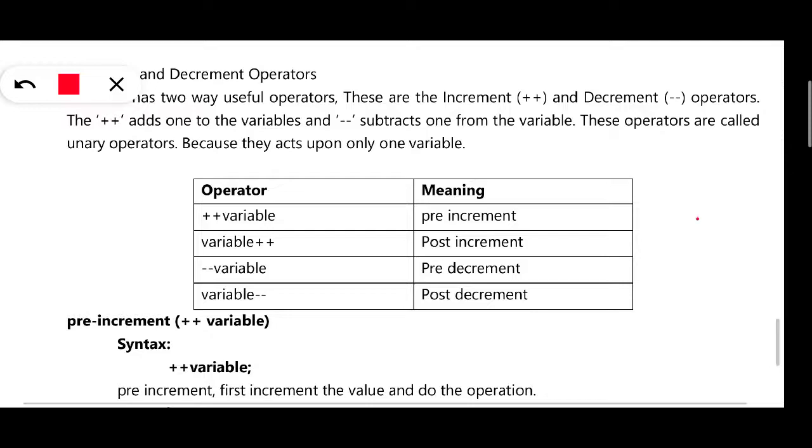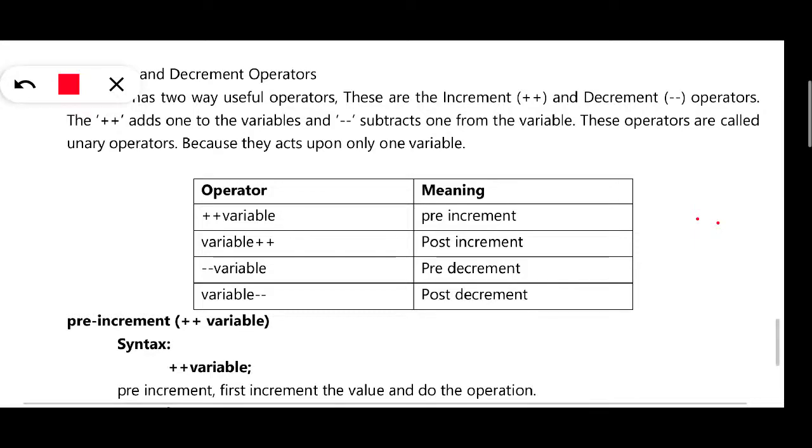Here we have increment and decrement operators. The increment operator plus plus adds 1 and the decrement operator minus minus subtracts 1 from the variable.